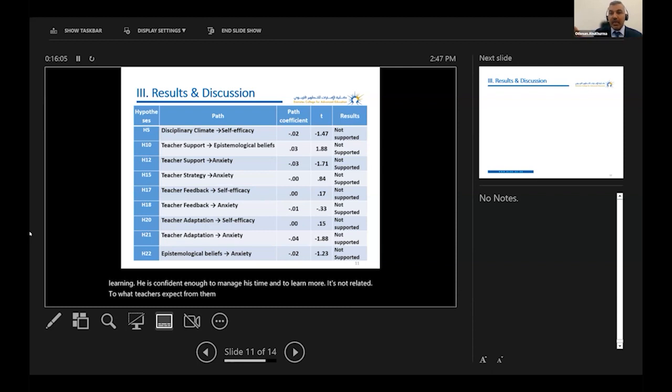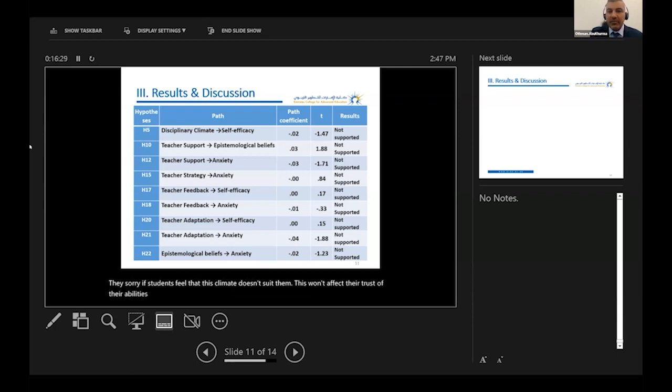Or let's say as a behavior, I'm talking about the behavior because we are talking about disciplinary climate. I'm talking about hypothesis number 5, the first one at the top. So for example, if students feel that this climate doesn't suit them, this won't affect their trust of their abilities.